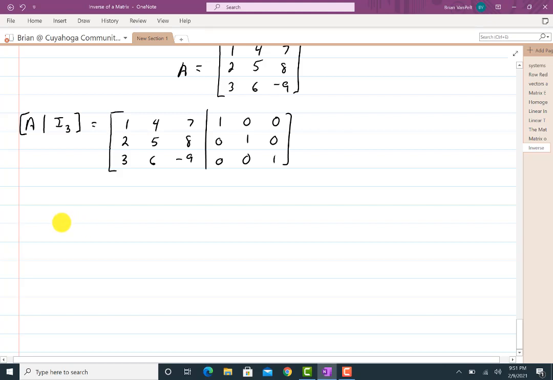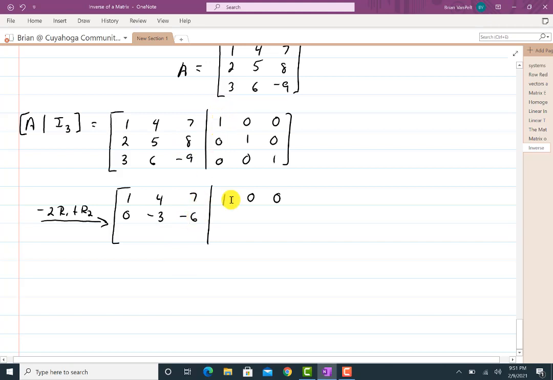So the first thing that we would do is take negative 2r1 plus r2 to wipe out the 2 in the first column. Now don't forget, you need to do exactly that same stuff on the other side of the vertical line. Well, let's move on. Negative 8 plus 5 is negative 3. Negative 14 plus 8 is negative 6.